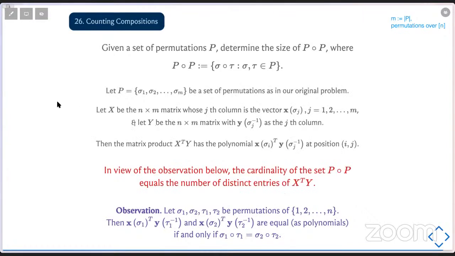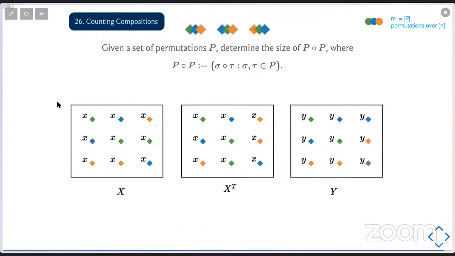This came through as a wall of text, but let me skip ahead and show you a picture. So I want to set up these matrices here, X transpose Y. In X and Y, I have columns corresponding to all my permutations.